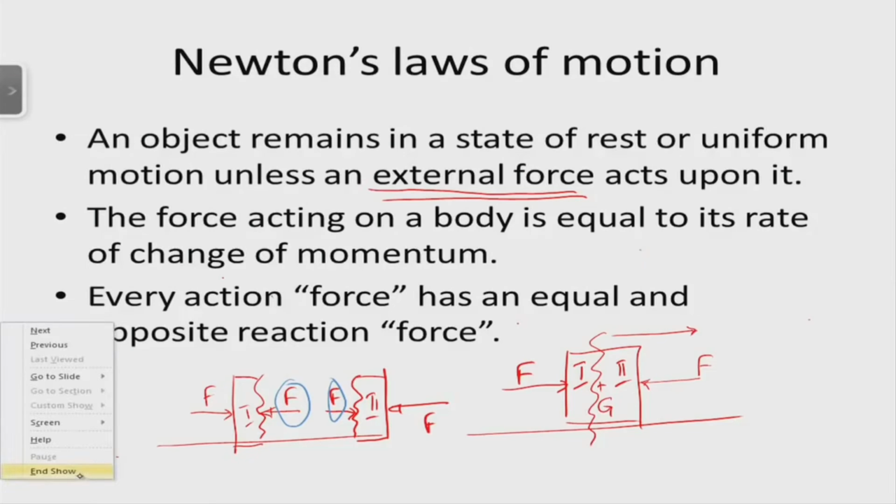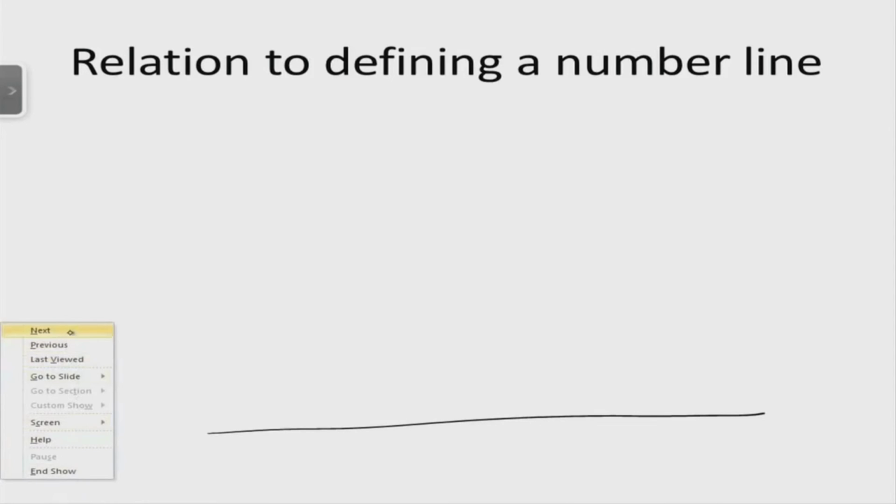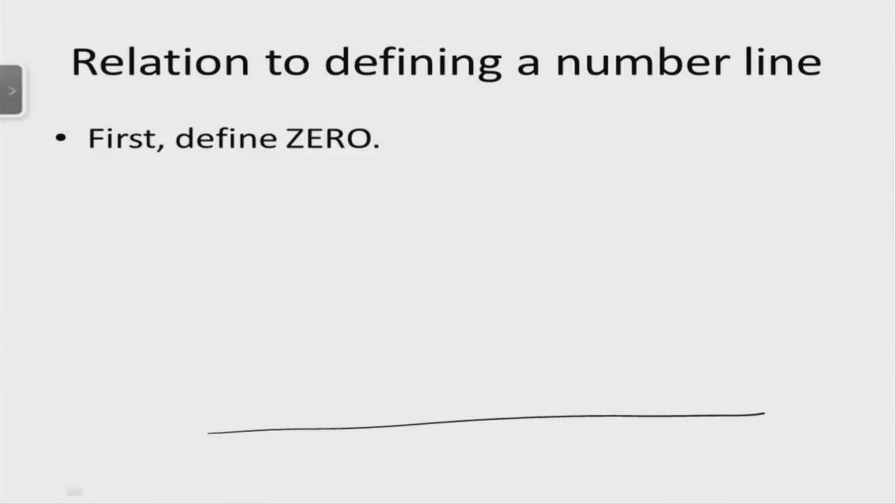So, this is a brief introduction to understanding Newton's laws of motion, but I want to close by talking about this. Let us say I have a line on which I want to define a number line. How do I go about it? The very first act of defining the number line is to define a 0, right.